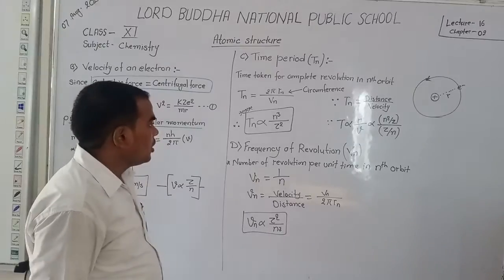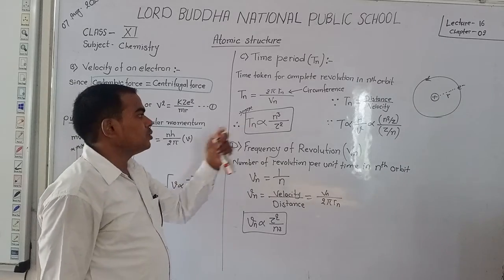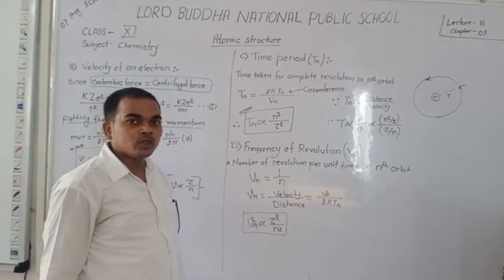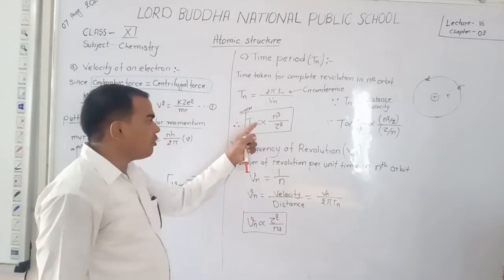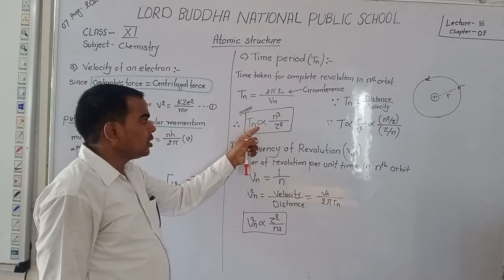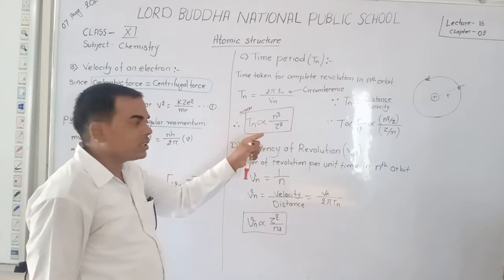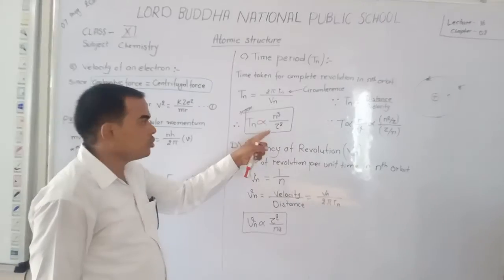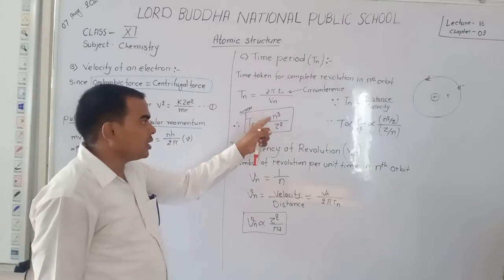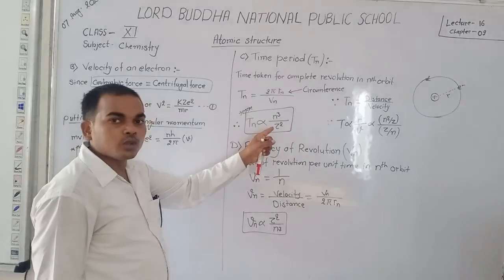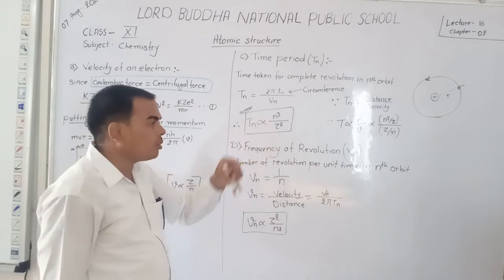This is the formula for calculating the time period of the nth shell: the time taken by an electron to complete a revolution in the nth shell is directly proportional to n cube, the number of the orbit, and inversely proportional to Z square, where Z is the atomic number.